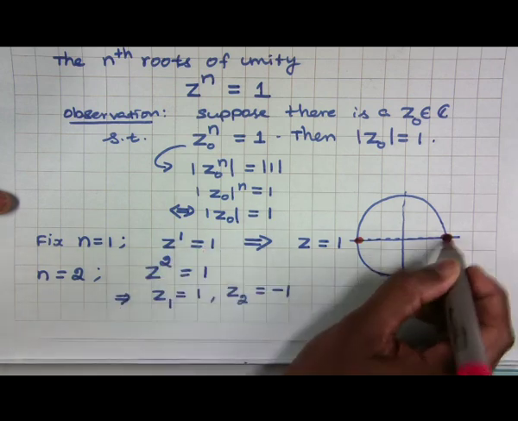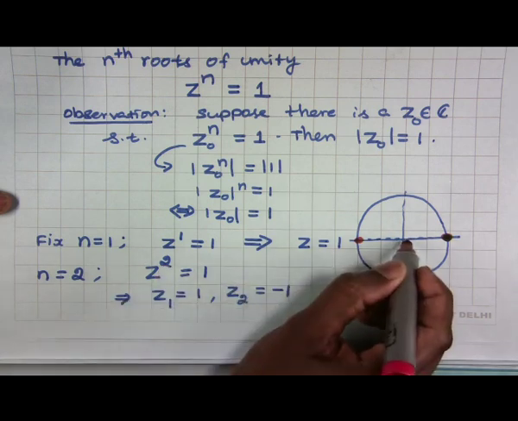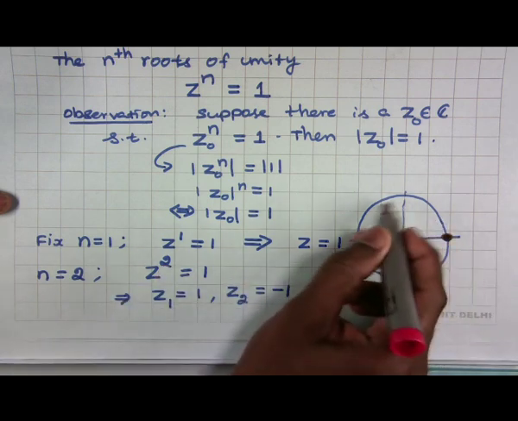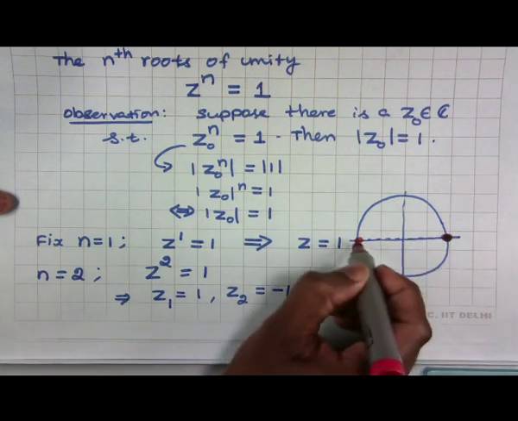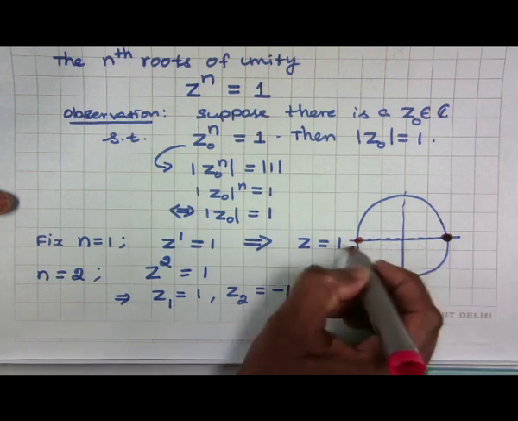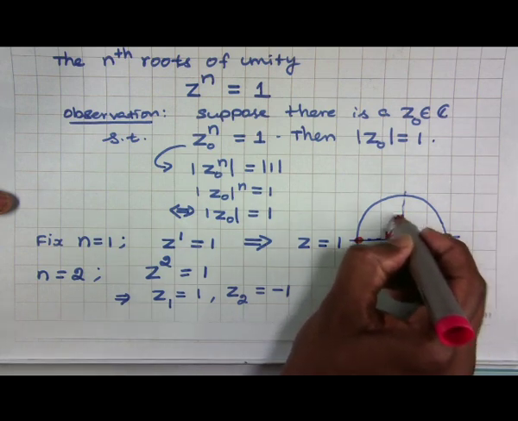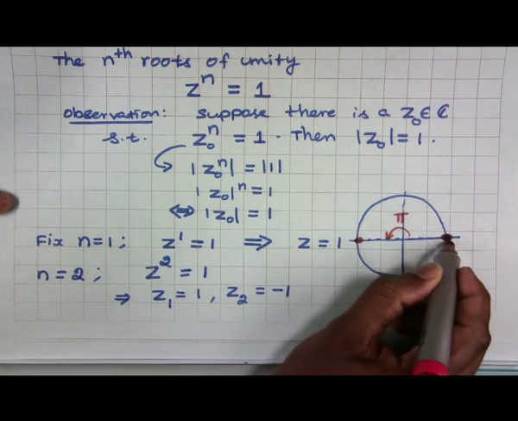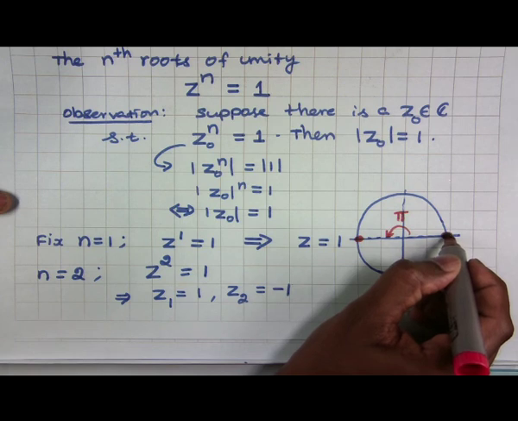Now the power is 2, so we divide 360 degrees into 2 factors, one appearing at angle pi, and another at 0. If you again rotate by pi, we get 360, which is again 1.